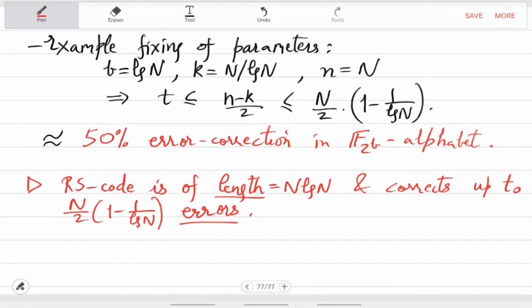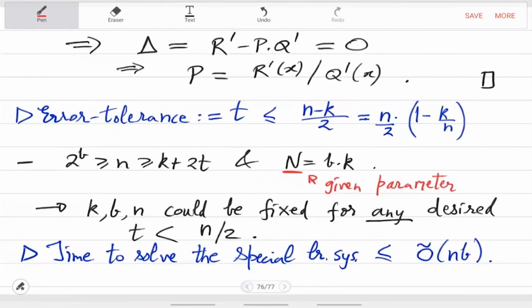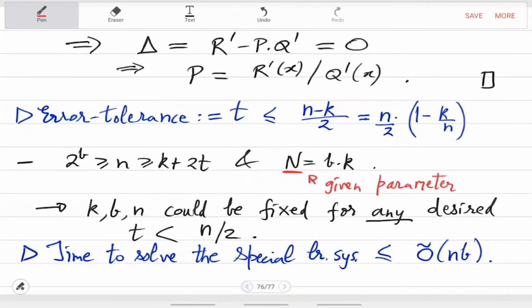Okay. Yeah, factoring was not fundamentally used here, but it is used to optimize this computation of P. So this R prime by Q prime computation, obviously you can do it by division, but in certain applications, to make it faster, they actually try to do this by factorization. And then it is faster in their applications. Yeah, but what was fundamentally used is finite fields.